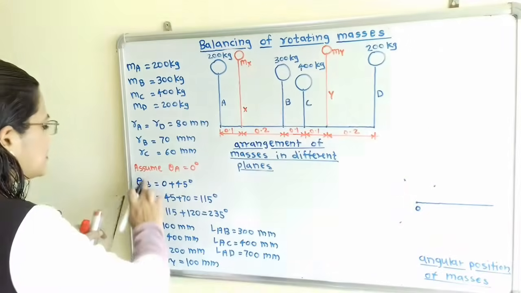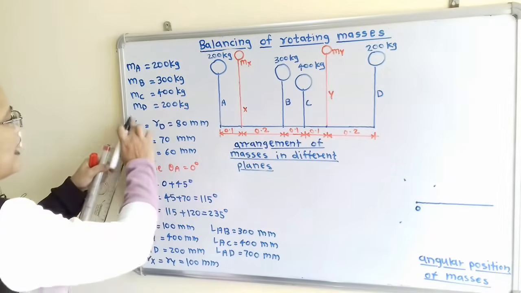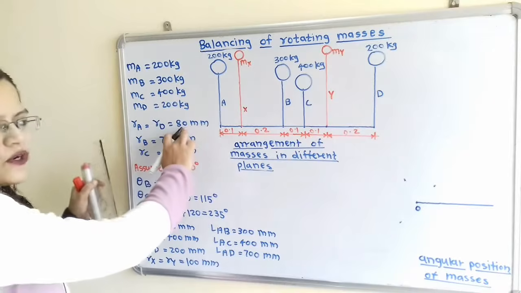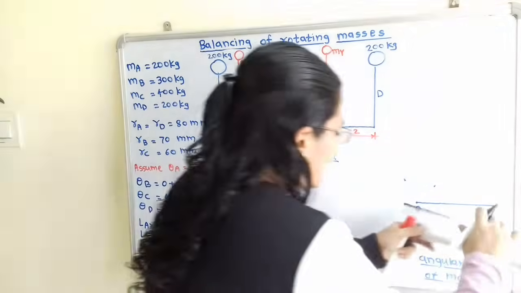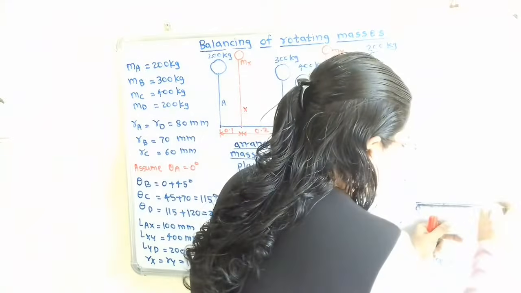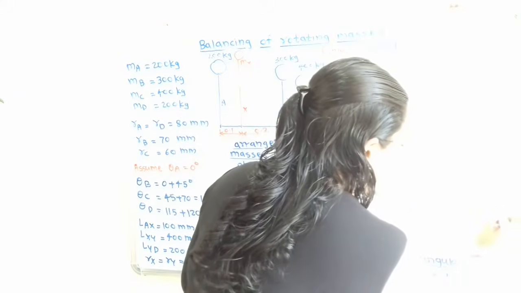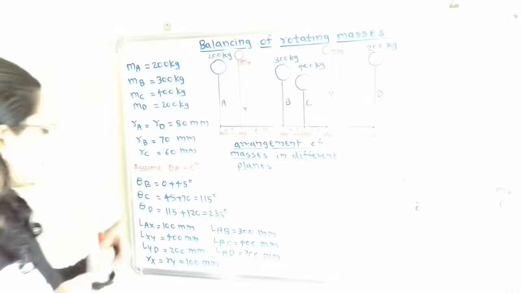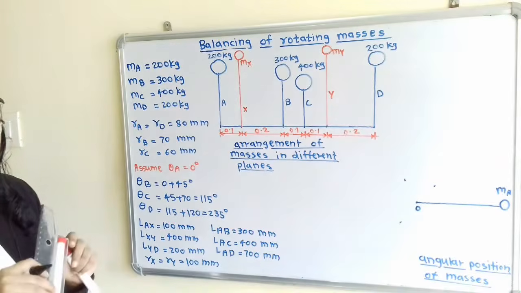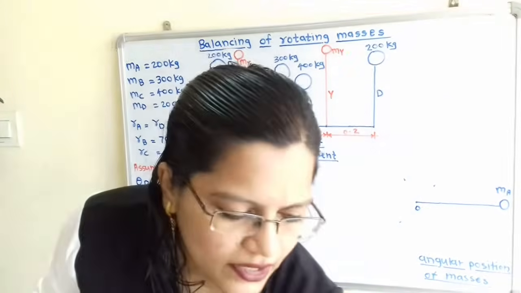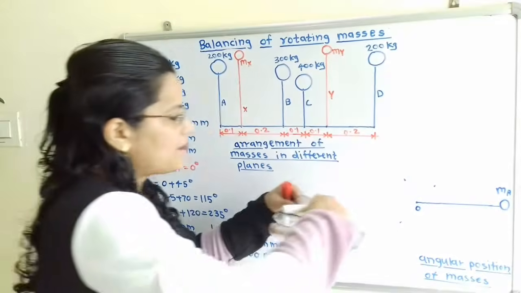Now how to draw this theta A? For that we have to refer to RA, which is equal to 80 millimeter. So we will take here a distance of 8 centimeter, and we will draw here one line, and this is for MA. Now B is given as 45 degree. So with the help of a protractor, keep the protractor here and mark one point at a 45 degree angle.